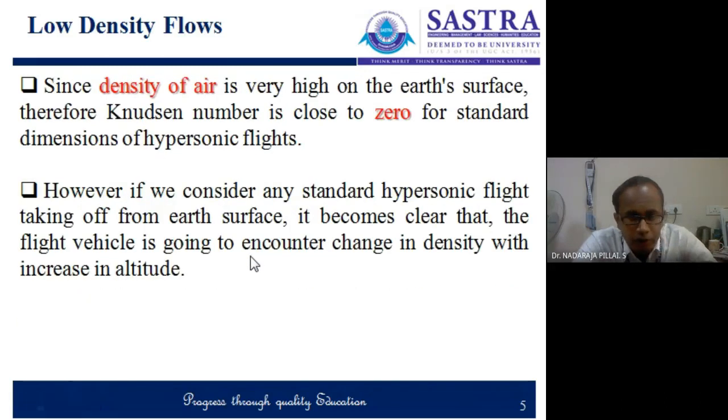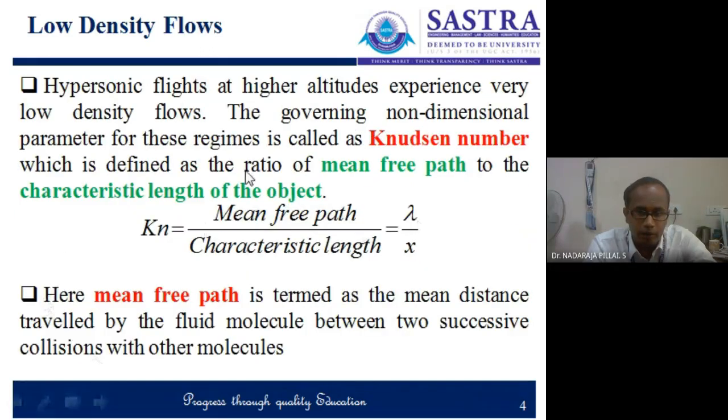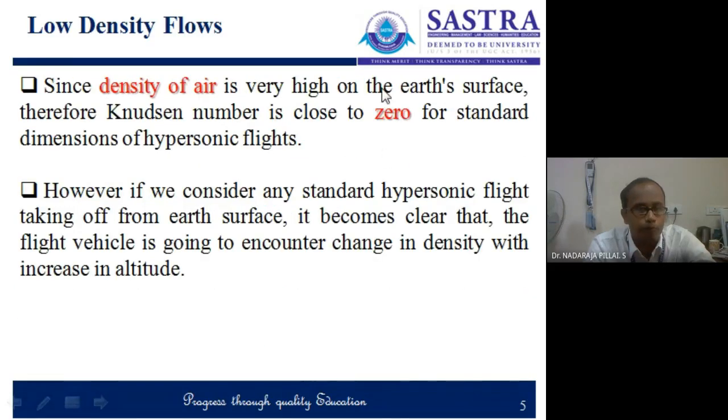The density of air is very high at the Earth's surface. If the density of air is very high, then the mean free path becomes quite low, and the Knudsen number becomes almost zero. So on the ground, on the Earth's surface, the Knudsen number becomes almost zero.